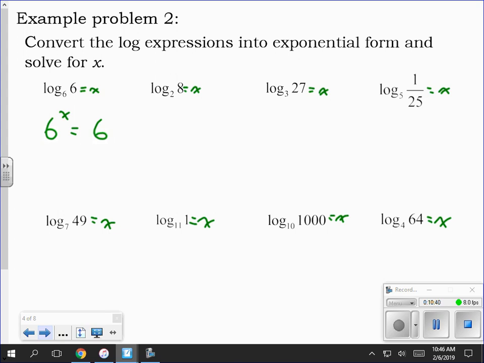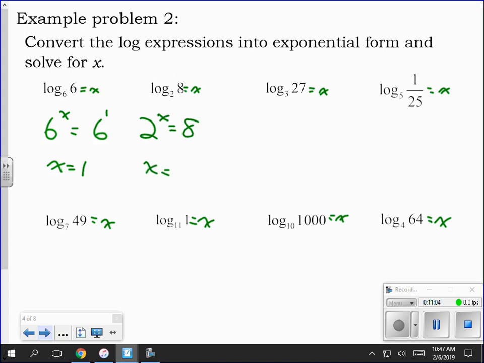Your first step is to rewrite it. Rewrite the logarithm as an exponential, and then figure out what x equals. So 6 to what power is equal to 6? 1. X equals 1. Rewrite it first. 2 to the x is equal to 8.